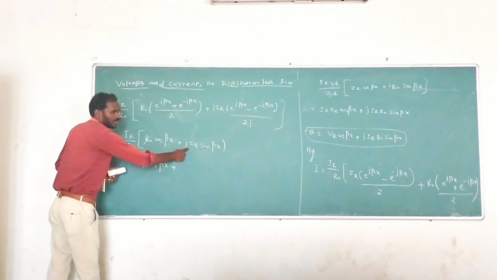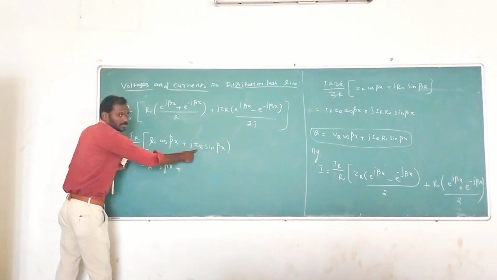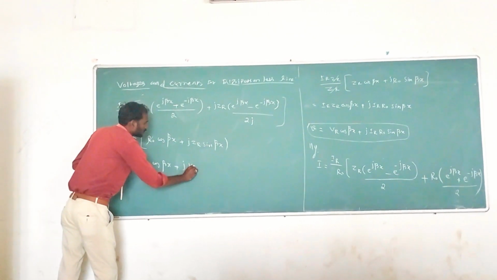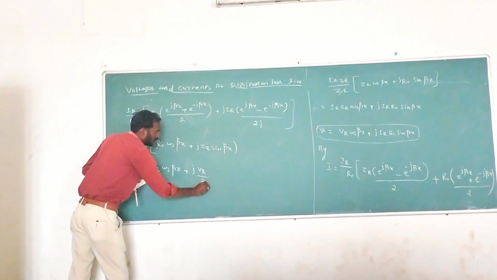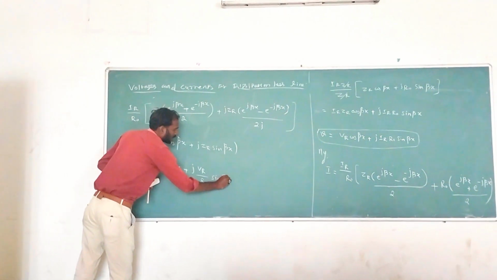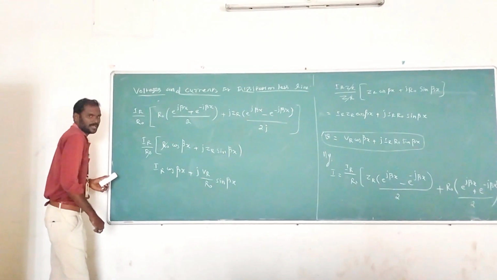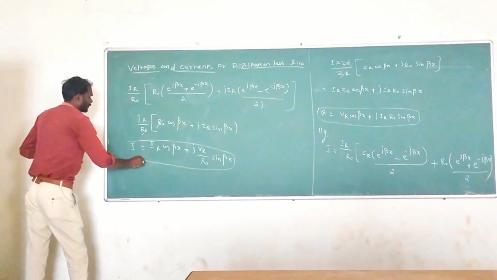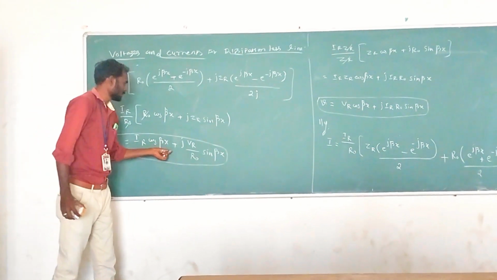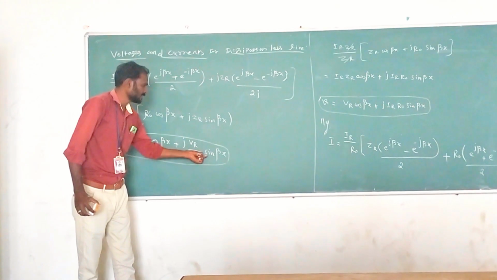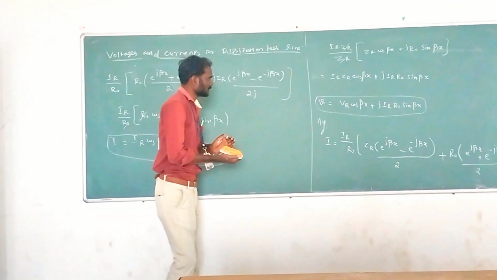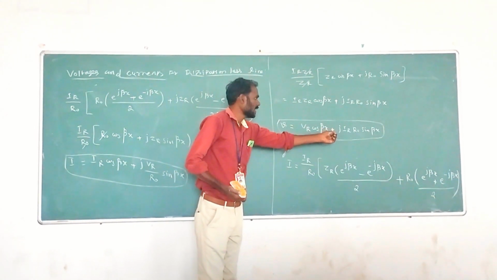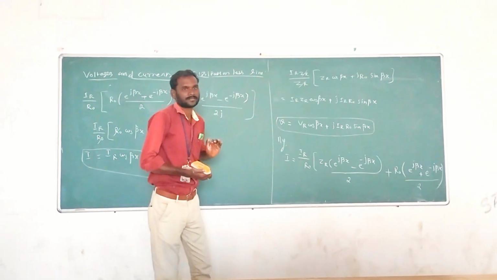IR into ZR is equal to VR, so j VR, this R naught is divided by R naught sin beta x. Finally, the current equation of the dissipationless line is I is equal to IR cos beta x plus j VR by R naught sin beta x. The voltage equation of the dissipationless line, V is equal to VR cos beta x plus j IR R naught sin beta x. Right?